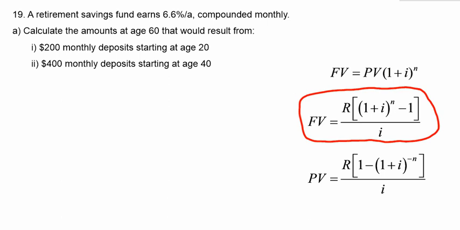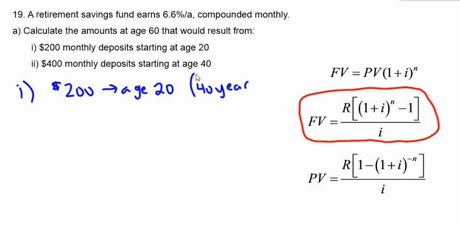So let's go ahead and do the calculations. First of all, the $200 from age 20. That means this is going to happen for 40 years. So from age 20 until age 60, this person is going to deposit $200 every month, and we'll see what that looks like when they turn 60.